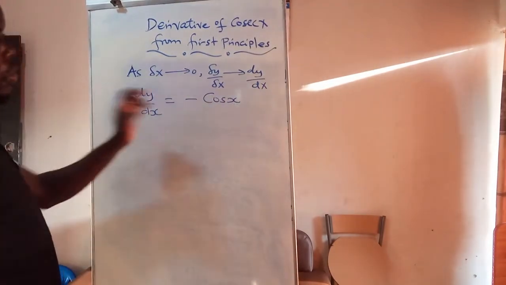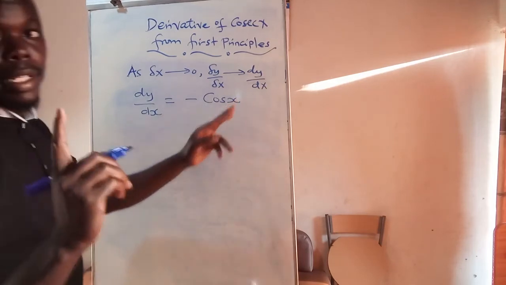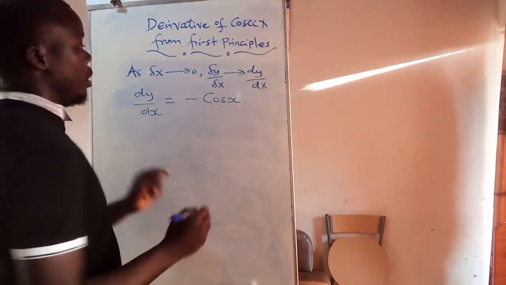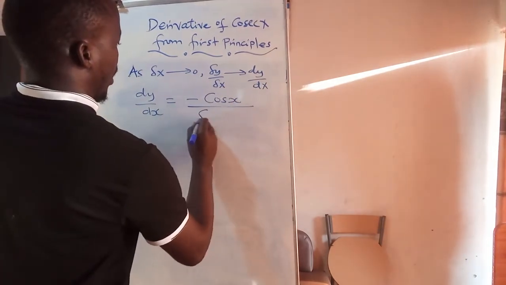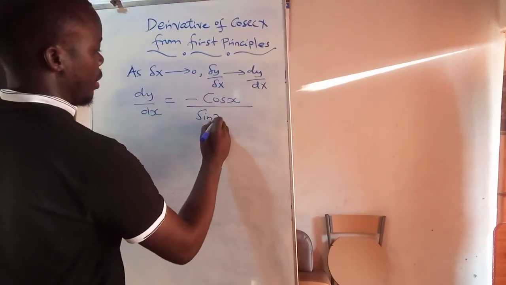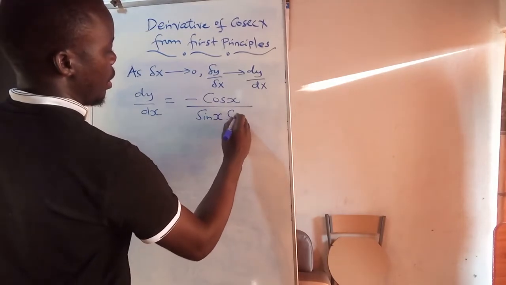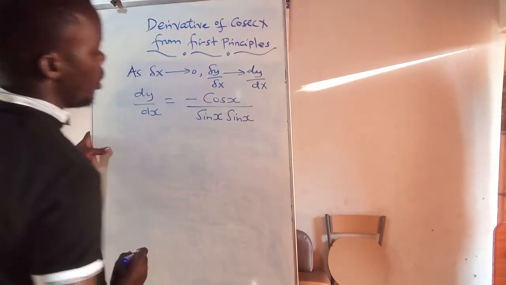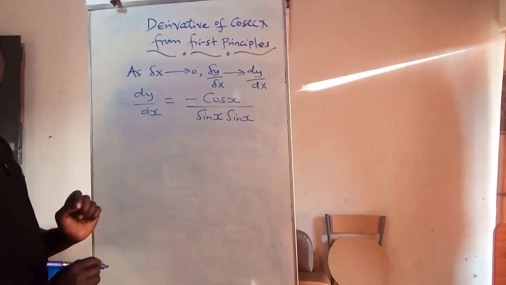Remember we had cos of x plus delta x over 2, but delta x has tended to 0. Divided by sine, instead of sine of x plus delta x here, I will have only sine x, but multiplied by another sine x from the previous step, simply because delta x has tended to 0.